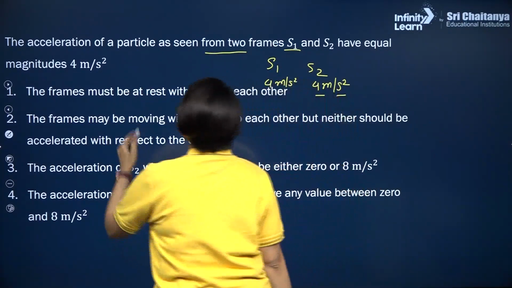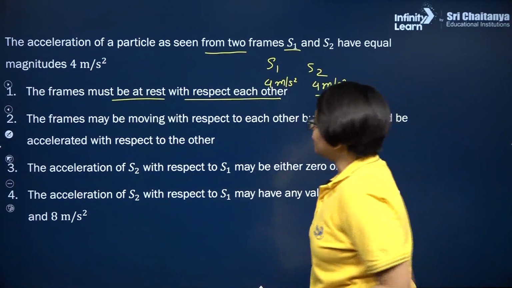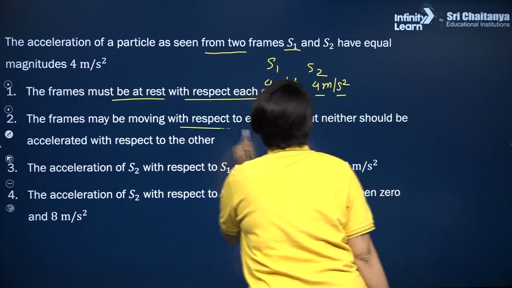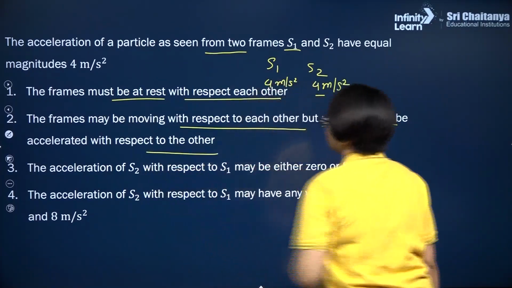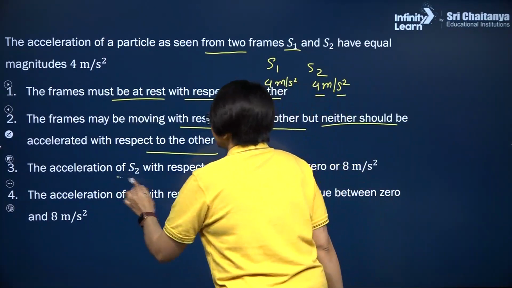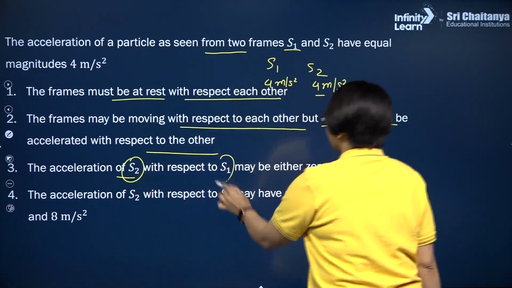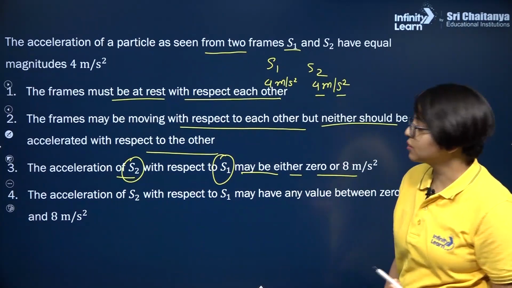The frames must be at rest with respect to each other. Okay. The frames may be moving with respect to each other, but neither should be accelerated with respect to the other. Third statement is the acceleration of S2 with respect to S1 may be either 0 or 8 meter per second square.